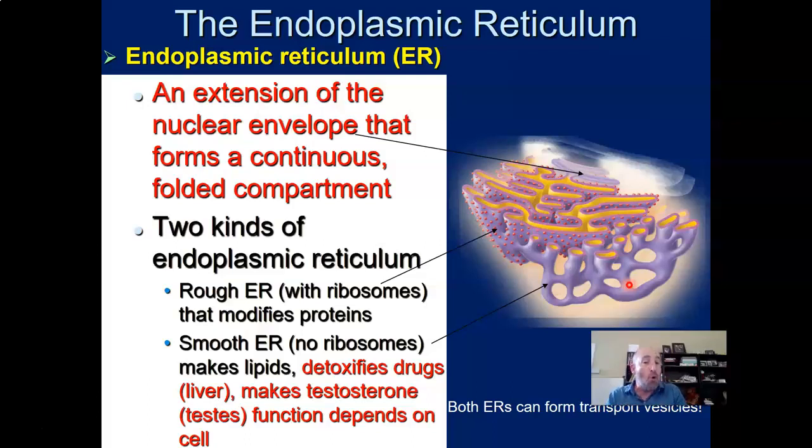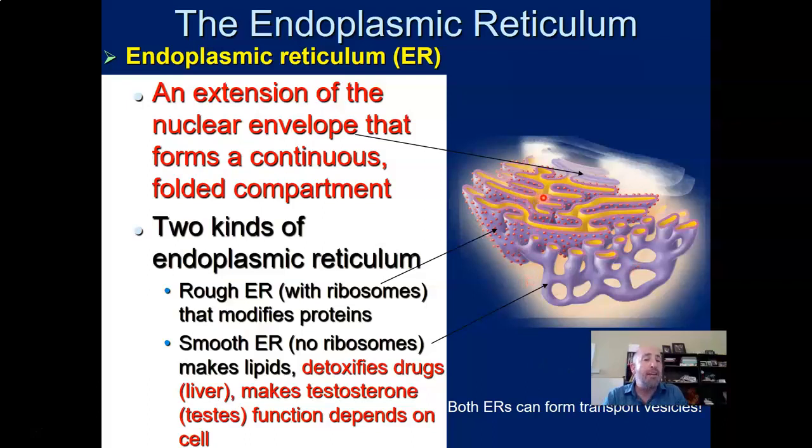Now, it's smooth because there are no ribosomes on smooth ER. That's why it's smooth. The function of smooth ER, the main function, and the one I'm going to hold you responsible for, is that is where lipids are made. There are other functions based on what kind of cell you're looking at, but the smooth endoplasmic reticulum's main function is to make lipids.